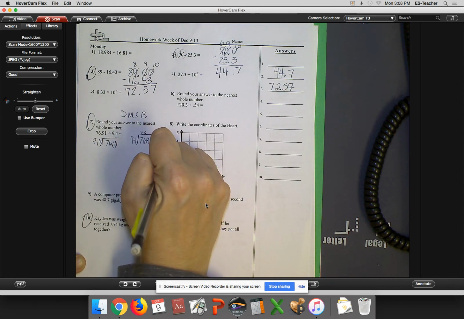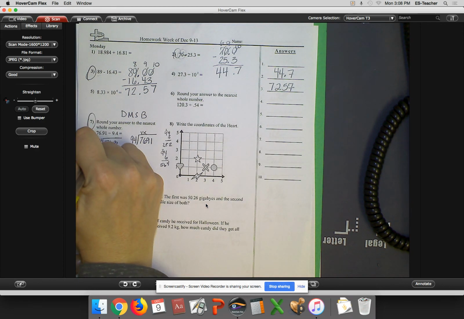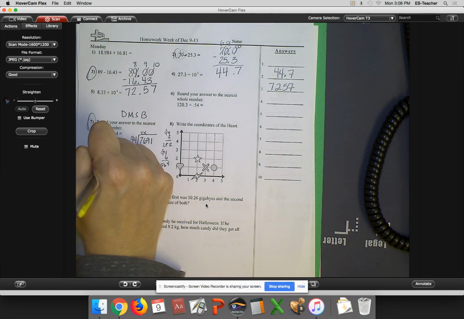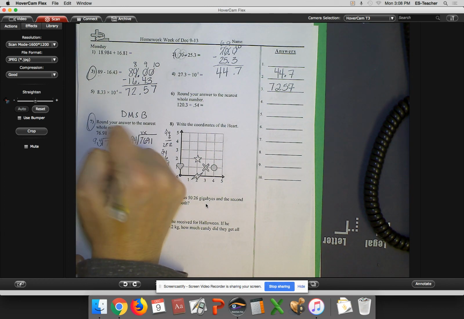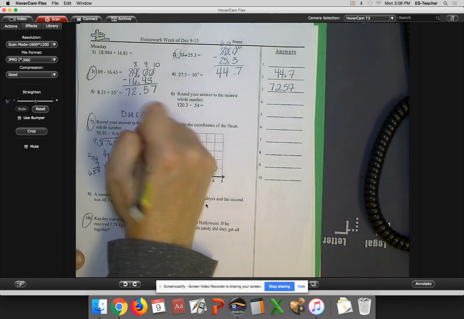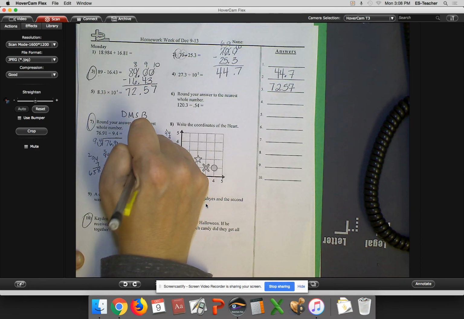Let's try 94 times 6. That's 564. Let's try 94 times 7. That's 658. Oh, let's try 94 times 8. That's 752. That's going to be the closest probably. So I'm going to do 8. 8 times 94 is 752.